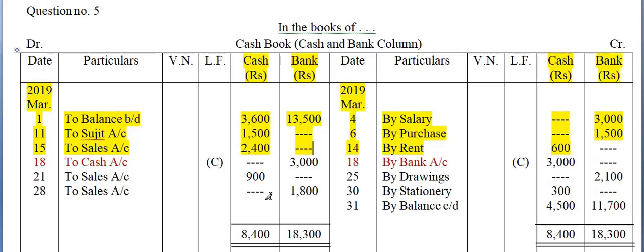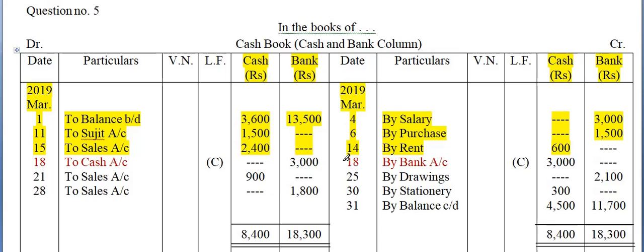What actually happens to your cash, which is in your hand? Cash gets reduced, but the bank balance will increase. Cash in your pocket will decrease, but the bank balance in your bank account will increase.